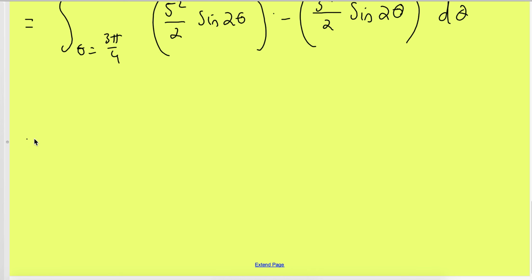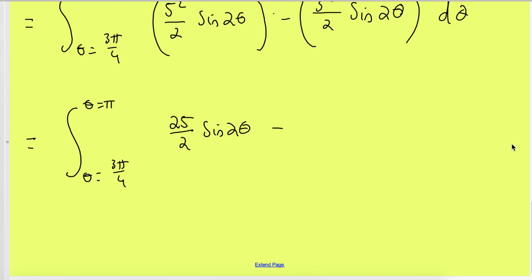So that's going to be 25 over 2 sine 2 theta, take away 9 over 2 sine 2 theta, d theta.